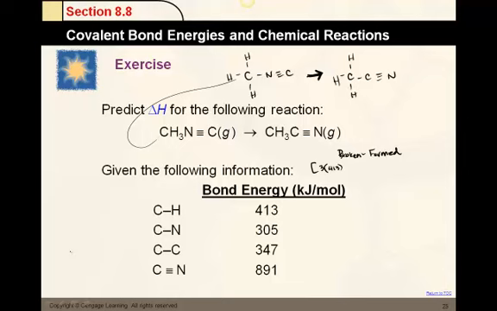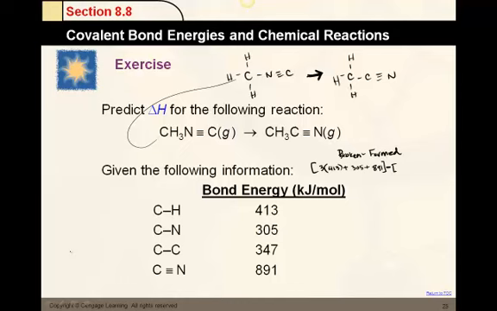So 3 of those plus a carbon-nitrogen bond, which is 305, plus the carbon-nitrogen triple bond, which is 891. That's how much the bonds broken is, minus the bonds formed.